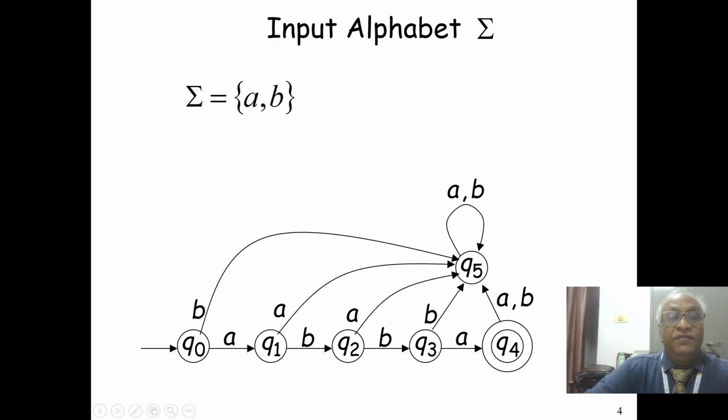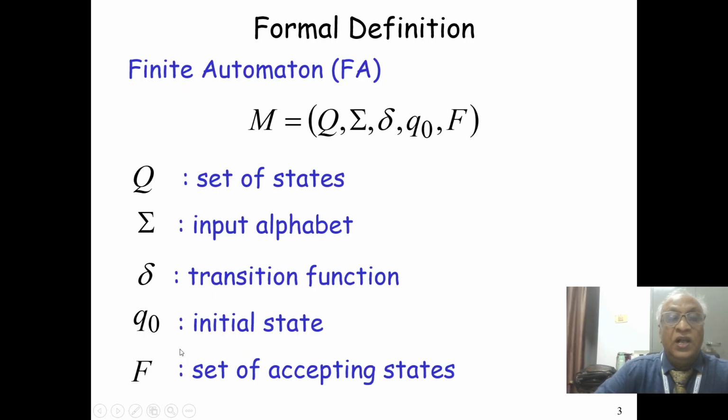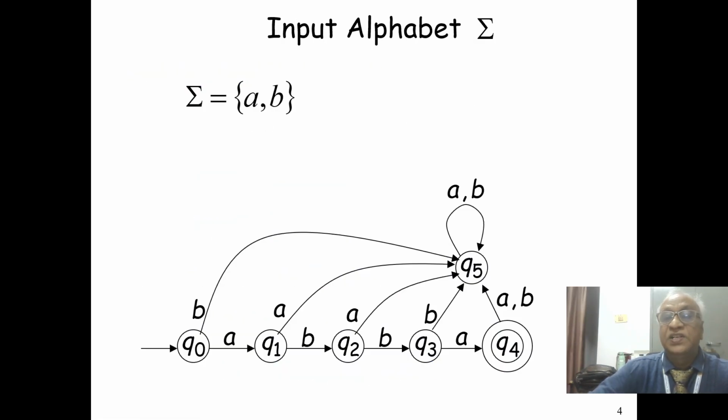Say we are at initial state Q0, the input is A, the next state is Q1, like that. So this delta transition function applied on Q0 comma A will be resulting in Q1. Then Q0 is the initial state indicated by this arrow mark, and F is the set of accepting states indicated by these double circles.